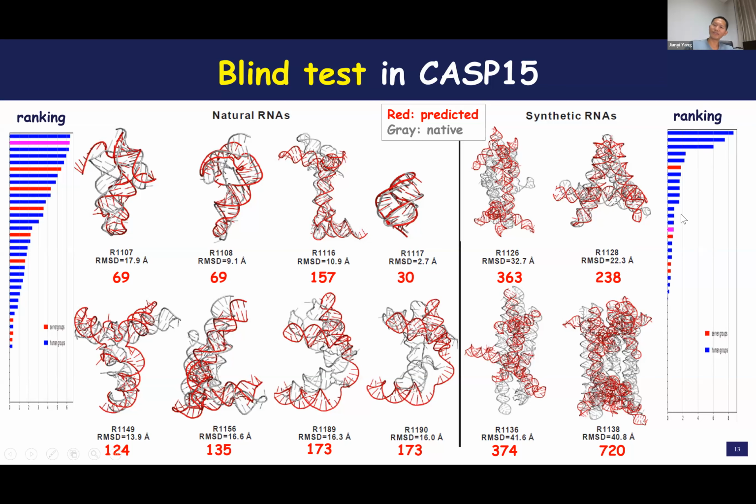But here you have a different signal. In my opinion, this is because the top groups for this synthetic RNA are manually human groups. They are using human beings to improve the prediction manually. So I think that's the real difference between these top groups and the others, I mean the blue groups and the red groups.